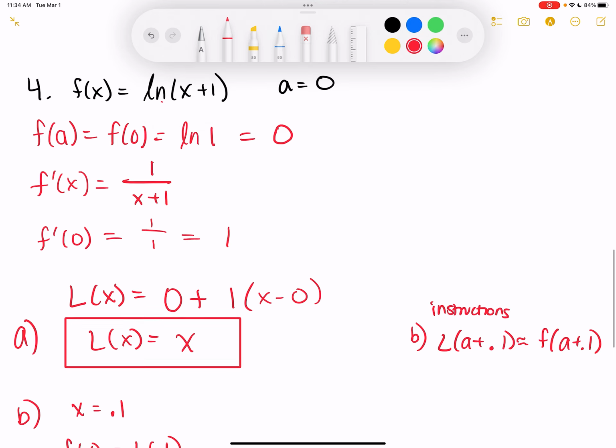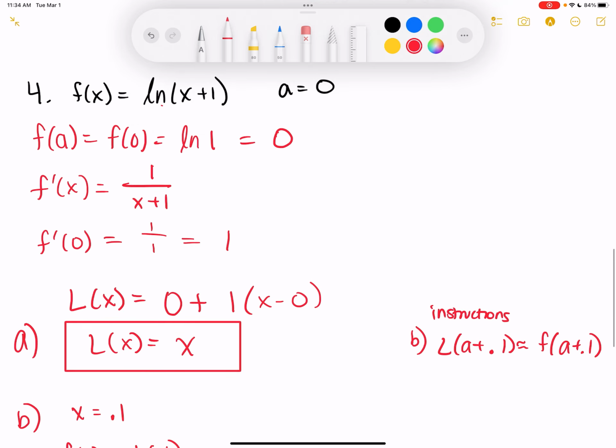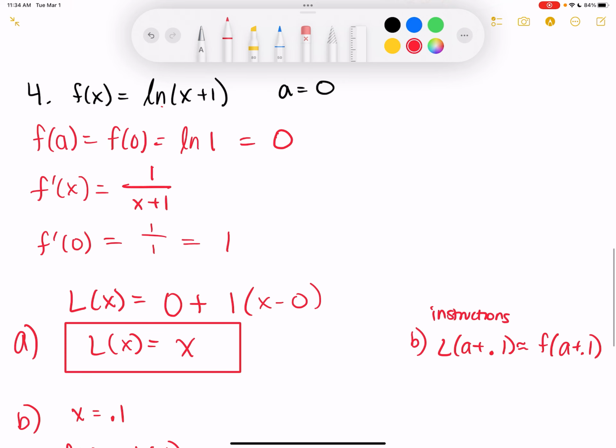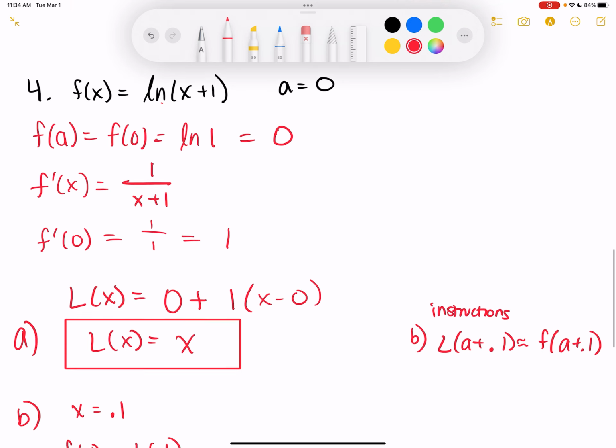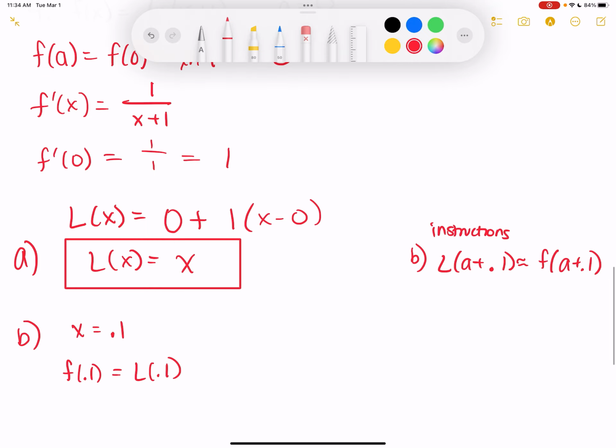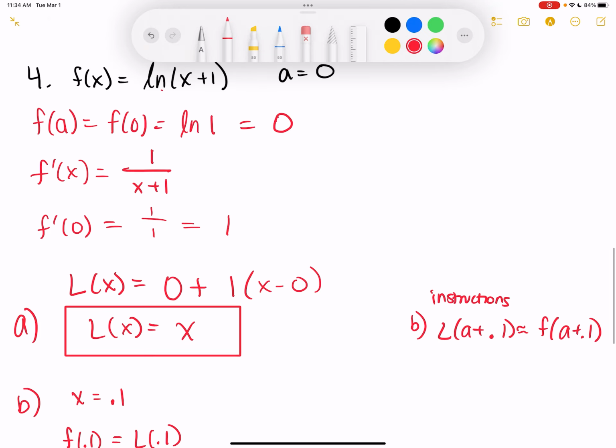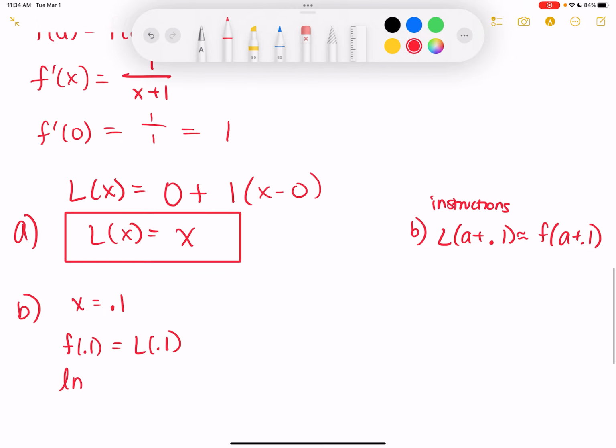So f of 0.1, or well, yeah. f of 0.1 is going to be the ln of 1.1, equal to L of 0.1 is just equal to I have that right.